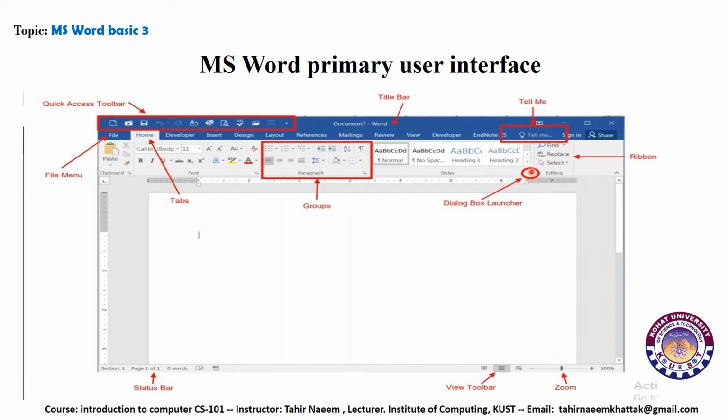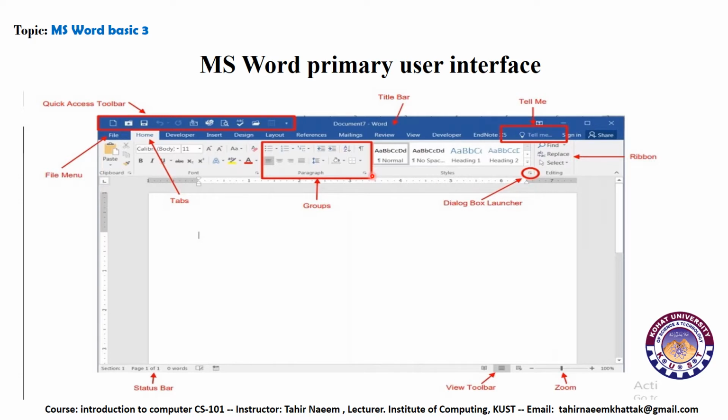And these are dialog box launchers. They are present in every group on the lower right side. As you can see, it is present here, also here, also here, also here. When you click on a dialog box launcher, a dialog box will open up.